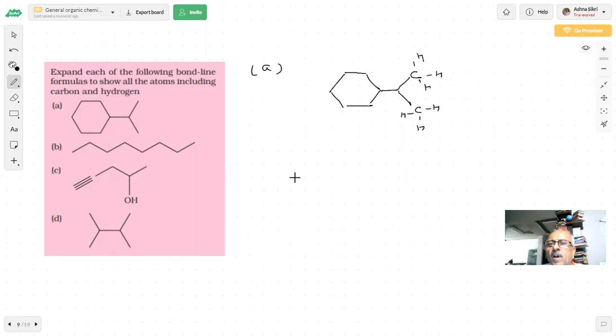Satisfied. What is happening here? Carbon, carbon, carbon, carbon. What is the valency of carbon? 4. 1, 2, 3. There should be 1 hydrogen here.